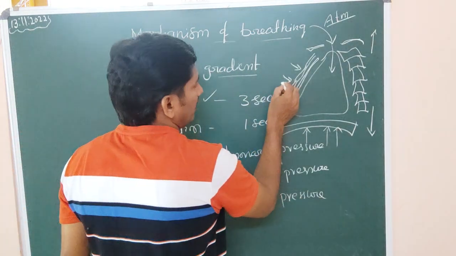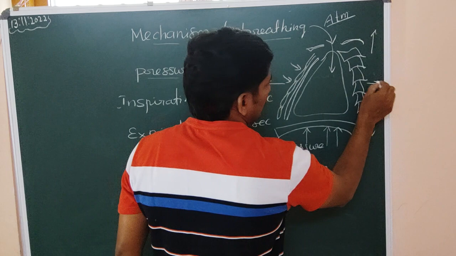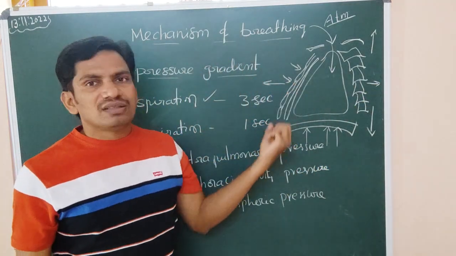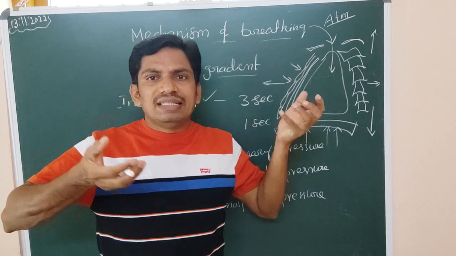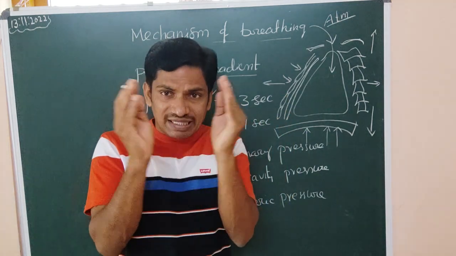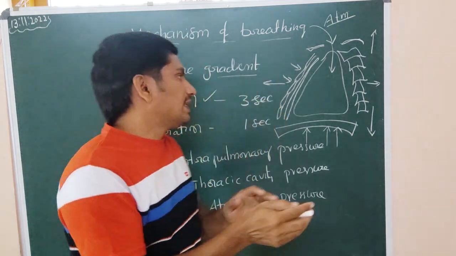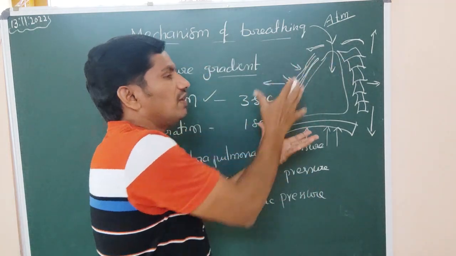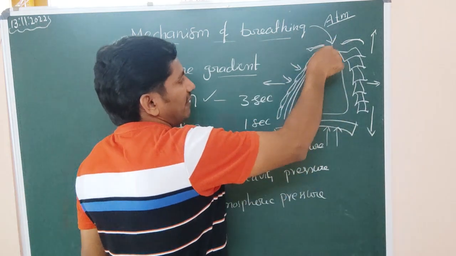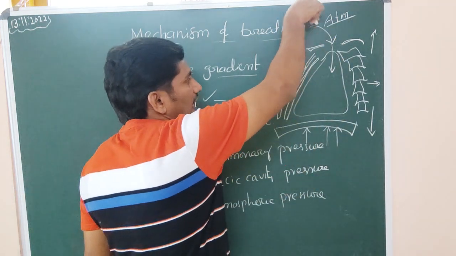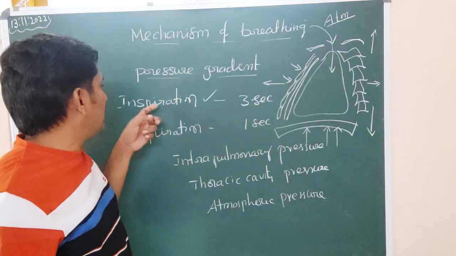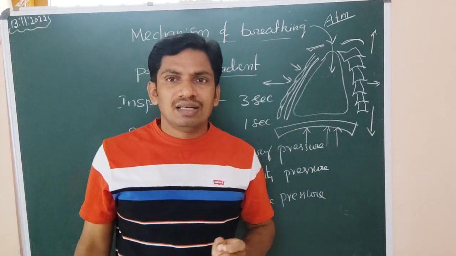And dorso-ventrally the chest cavity also expands when the ribs are lifted by the muscles. While the chest cavity volume increases, pressure is reduced. Due to the low pressure compared to the atmospheric pressure, the air moves inside. Got it? That is known as inspiration.